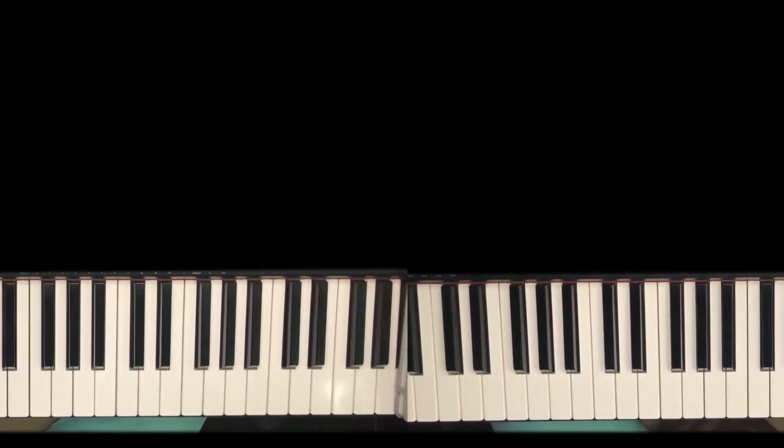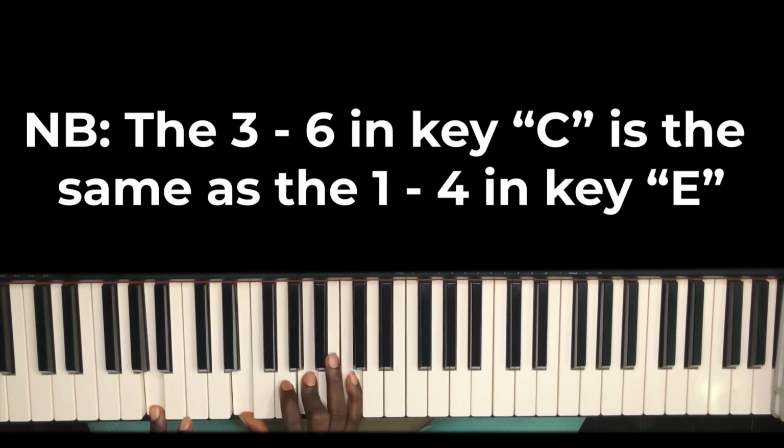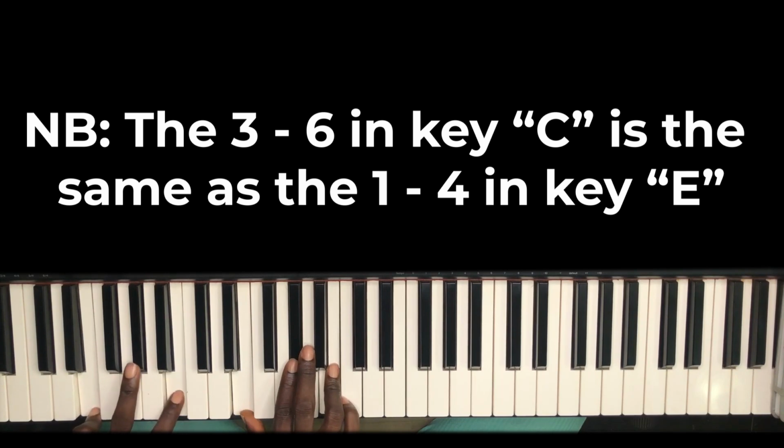Another one I also want you to look at is, instead of going 7 3 6, you're now doing 3 to your 6. 1 to your 4, 3 to your 6. So this is your E major, right?